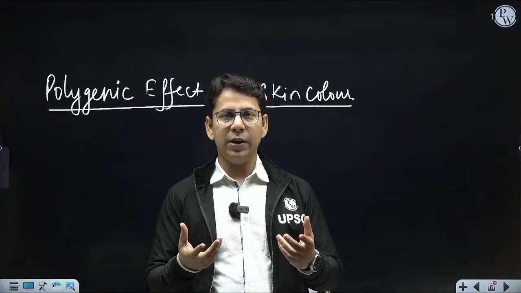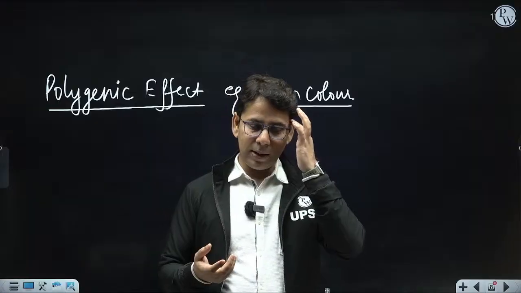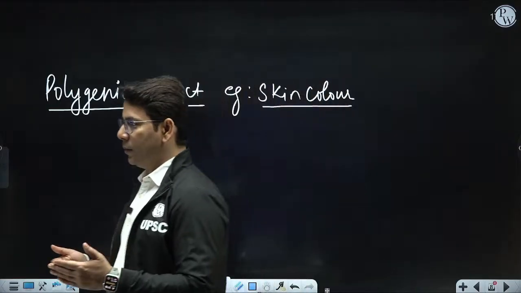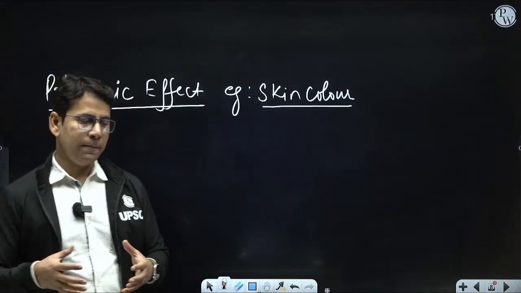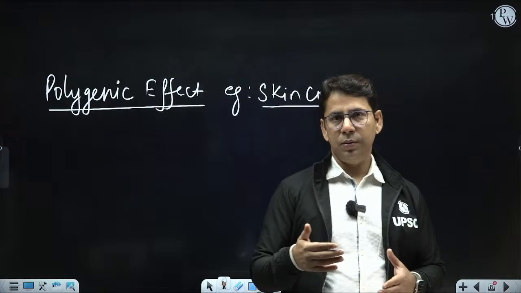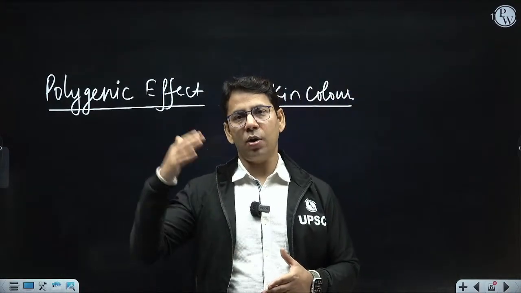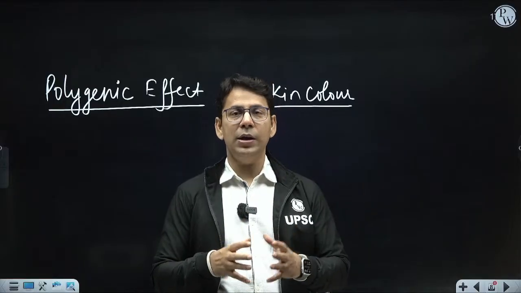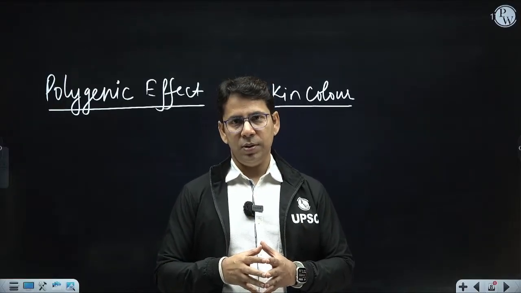If I give one example, you know that the native people at the equator are black in color. They are darker in complexion. And the people in Norway and Iceland and Europe are fairer in complexion, right?